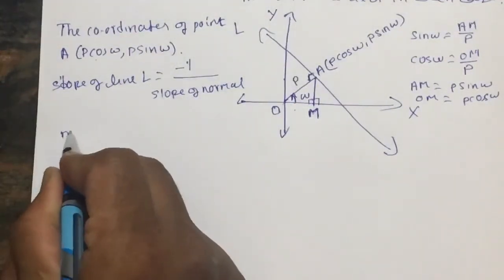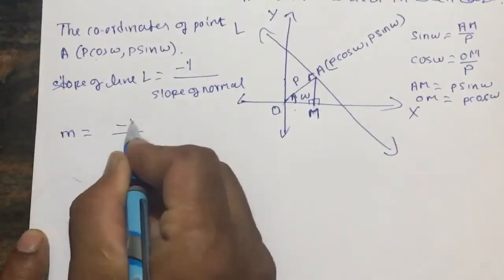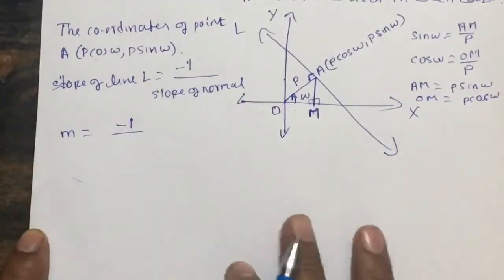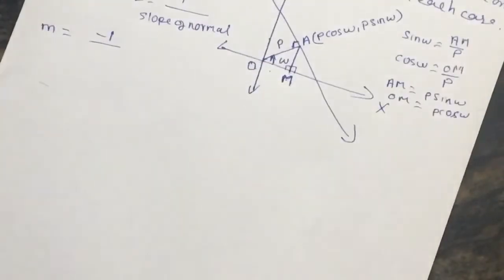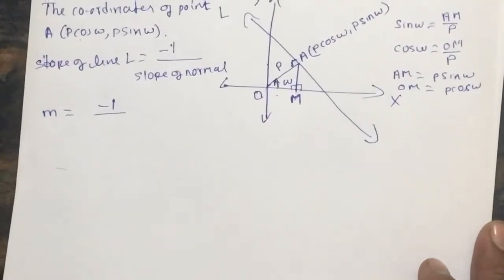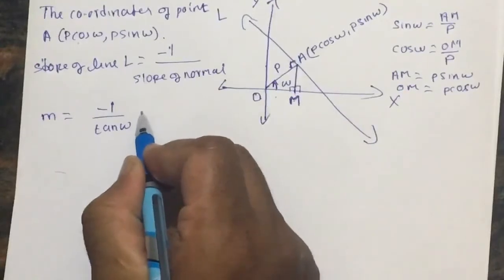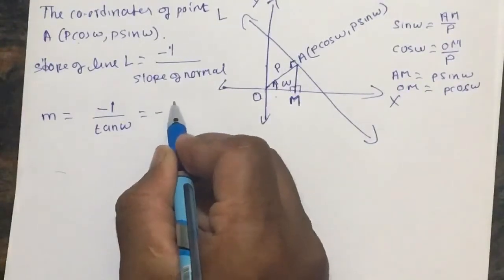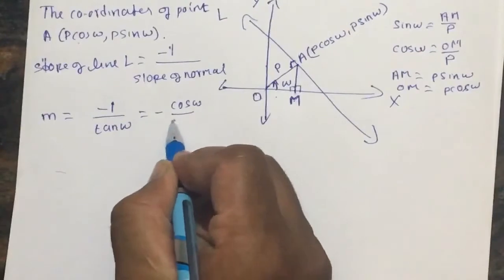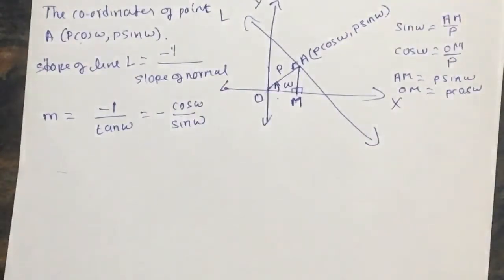Therefore this slope m is equal to minus 1 by tan omega, which is equal to minus cos omega by sin omega, because tan is sin by cos. Now this is nothing but the slope.